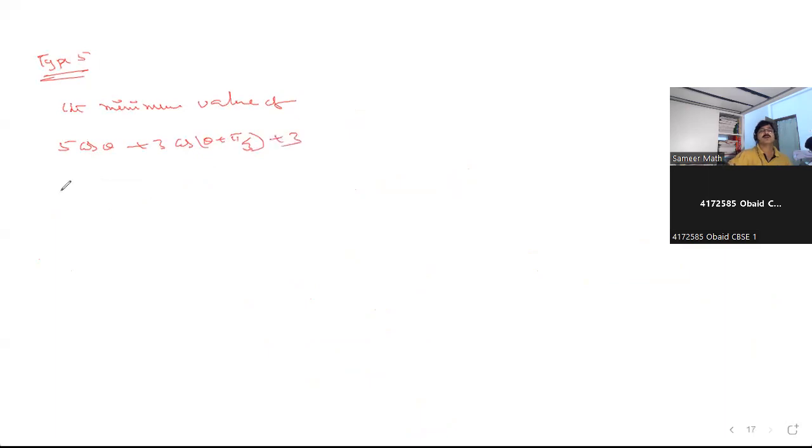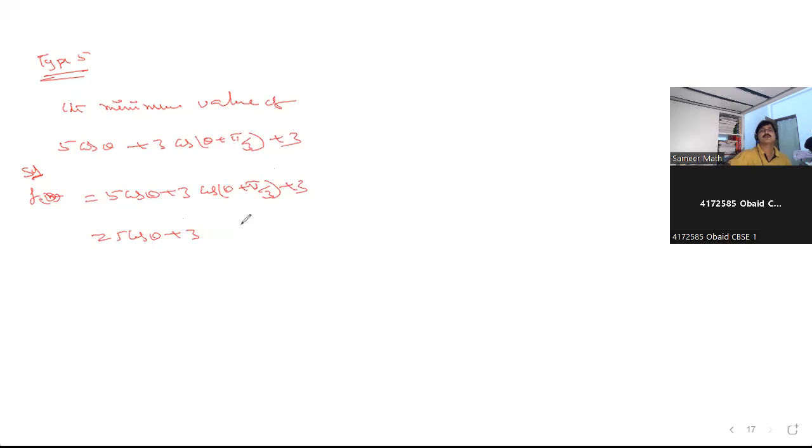You can't use that formula. So better you take f(θ) = 5 cos θ + 3 cos(θ + π/3) + 3 as it is. Now I am expanding by using the formula.